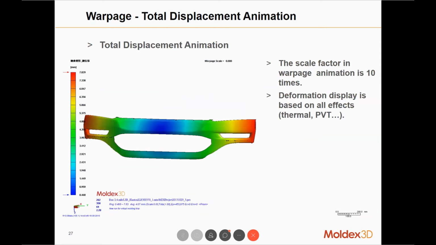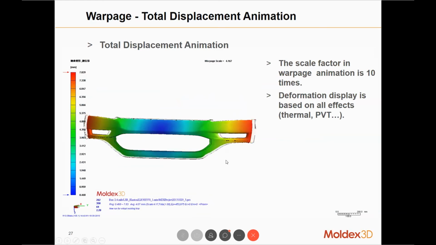shrinking evenly or whether there's any bending or even twisting. In our result, as you can see in the animation, we can scale the warpage 10 times or even 20, 30 times. Like shown here, we scale the deformation 10 times, so we can easily tell whether the part is shrinking evenly or shrinking with some bending happening.